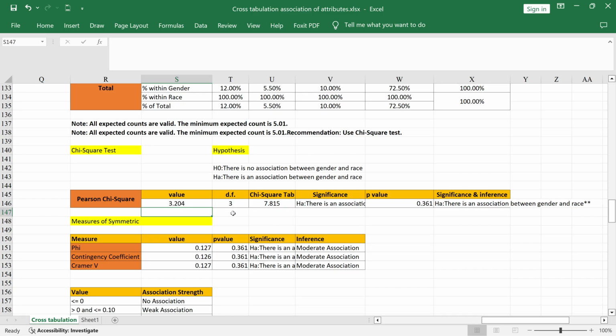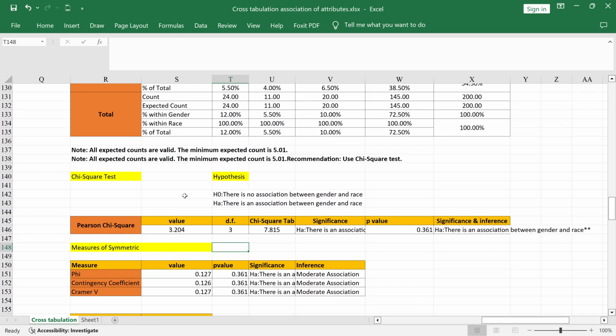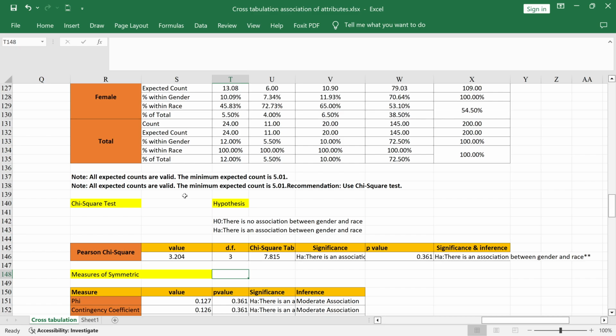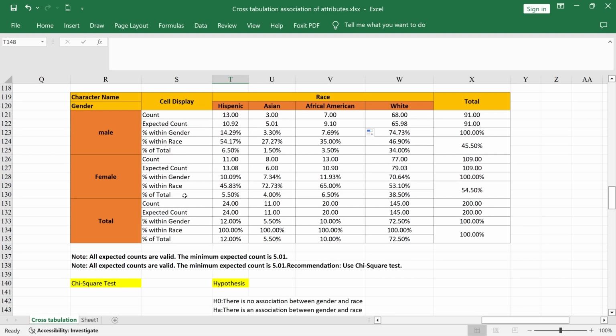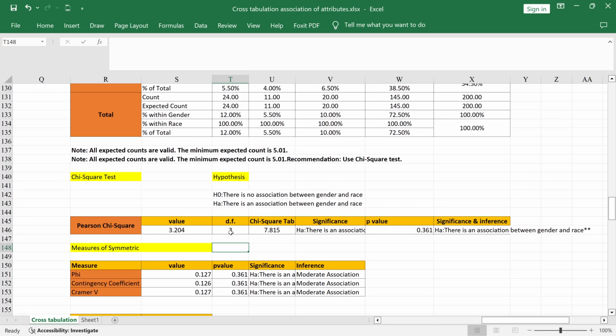Now you can see here the degrees of freedom. How do you calculate the degrees of freedom for the Pearson chi-square value in cross tabulation? Here we have the formula. We have rows and columns, so we subtract one from the rows and one from the columns, and multiply them. It's simple.